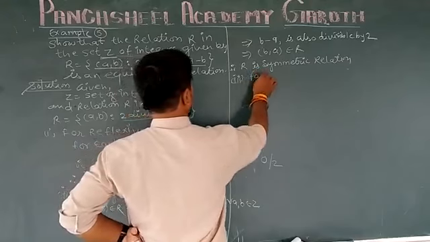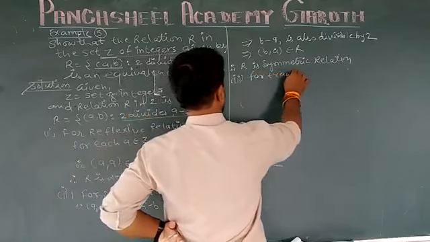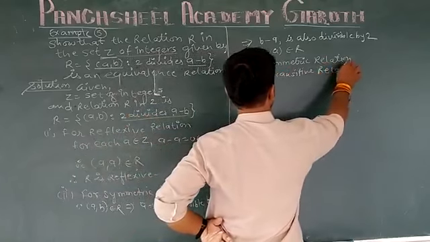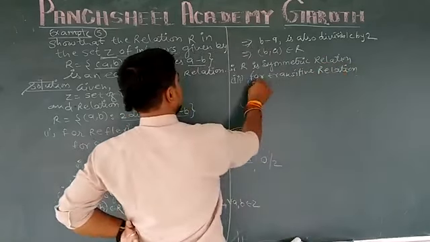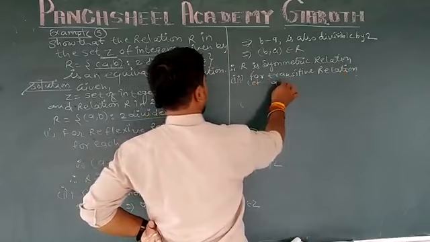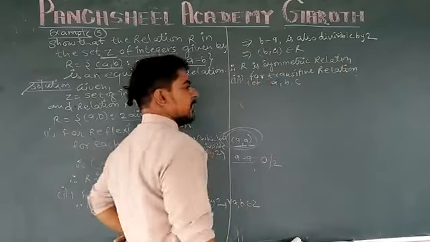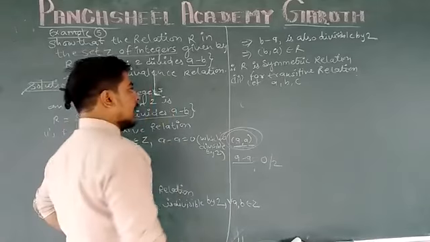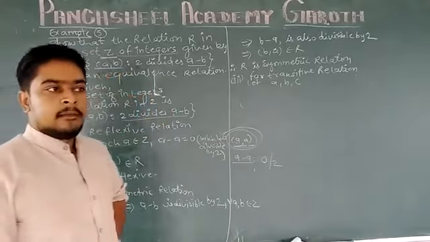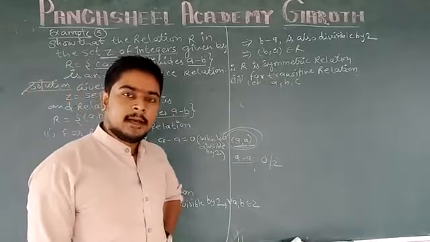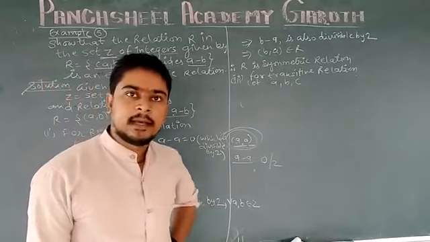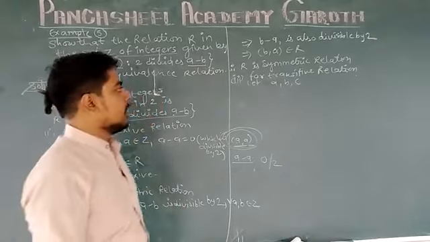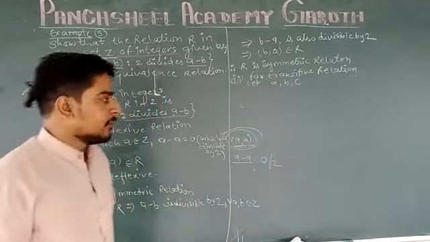For the third relation, we will talk about the transitive relation. Let the three elements be a, b and c. For the transitive property we need the two ordered pairs (a, b) and (b, c), and then we will get the ordered pair (a, c) in R. If it is not possible, then we will say that R is not a transitive relation.